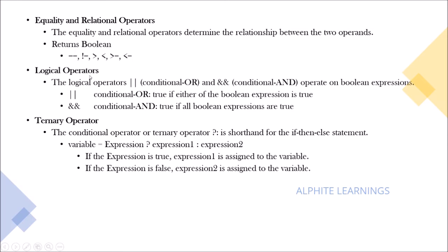Okay. So next is the logical operator. The logical operator is the same as what you have with OR and AND. If you are college students, you will be learning this in your electronics as well, AND gate, OR gate, something like that.